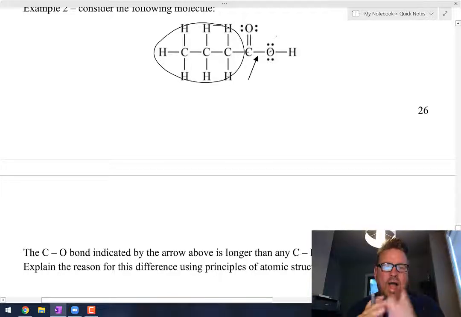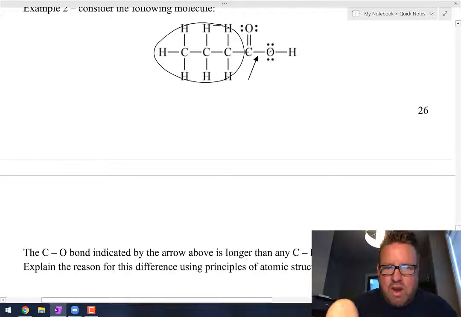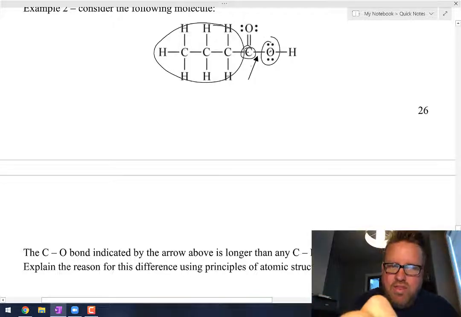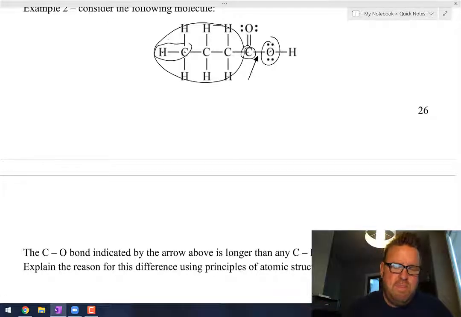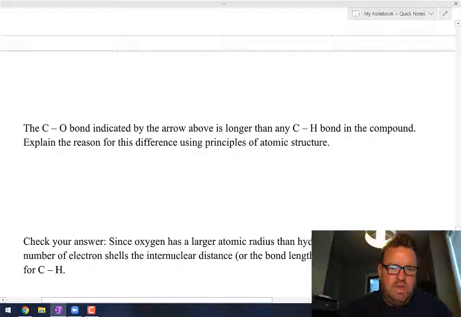So why is the distance from this carbon to the middle of this oxygen greater than the distance from this carbon to the center of any of the hydrogens? It is simply because an oxygen atom is bigger than a hydrogen atom. And that's what you would say. You'd say since oxygen has a larger atomic radius than hydrogen, because, again, why is oxygen bigger than hydrogen?